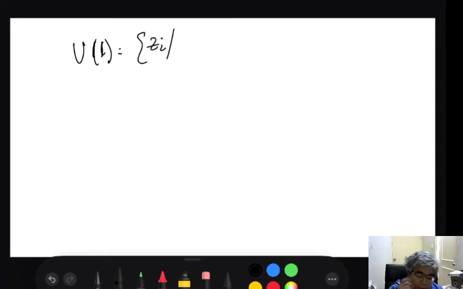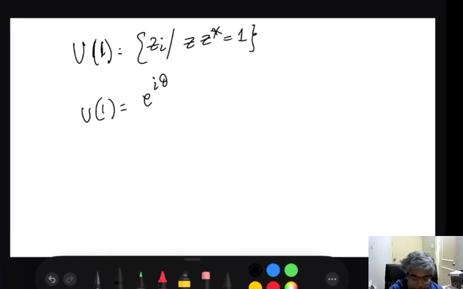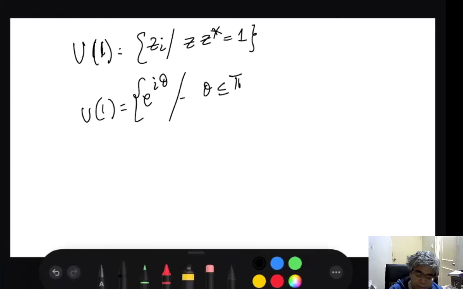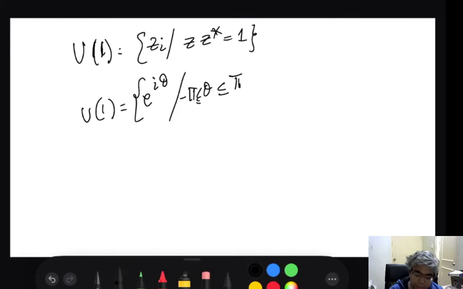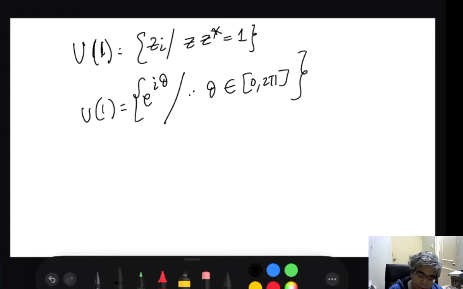The easiest representation would be U1 as e power i theta, where theta takes continuous values in some domain. Now e power i theta times e power i theta prime is equal to e power i theta prime times e power i theta, which is e power i (theta plus theta prime).